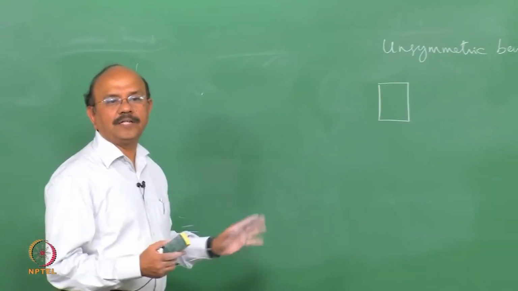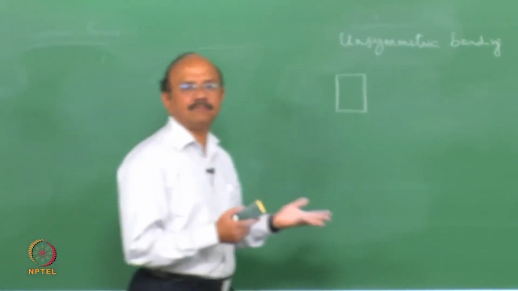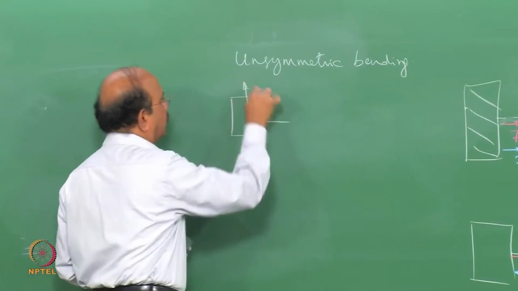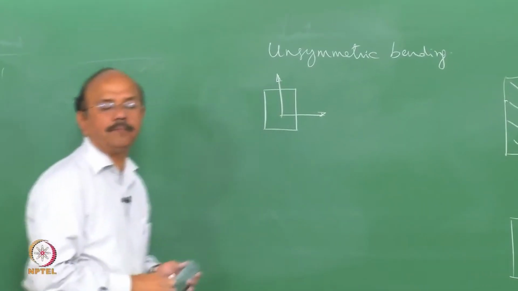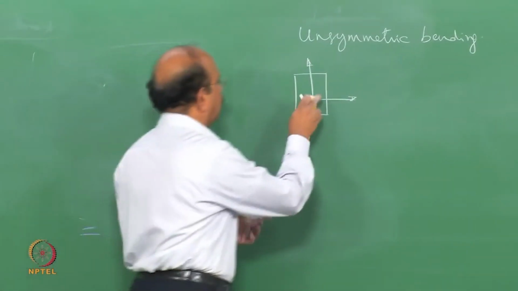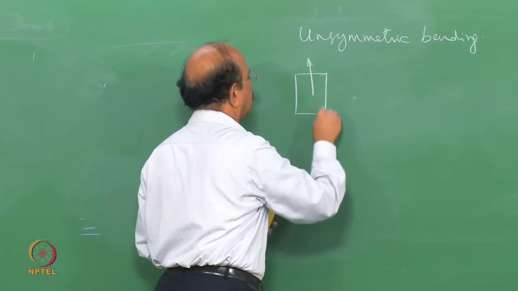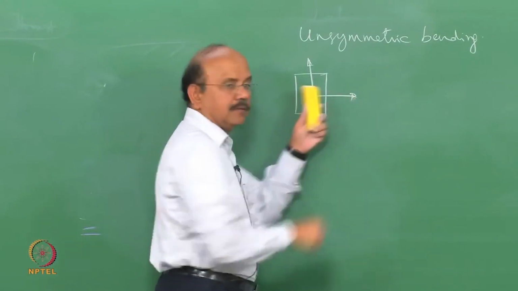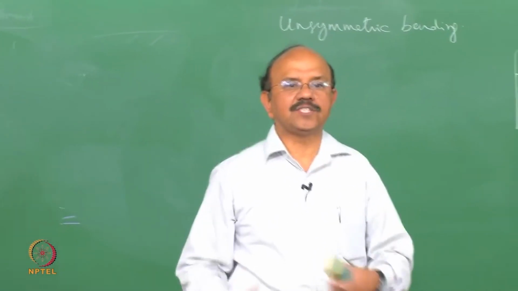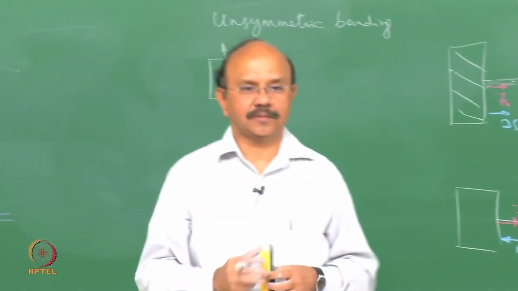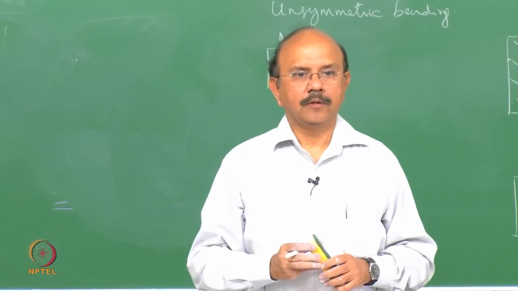All of us have looked at symmetric bending, where, for example, it can be a rectangular beam or a square beam, where, let me draw it very clearly, the geometry is symmetric about the two axes, right?